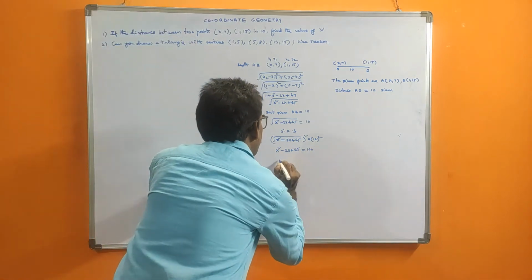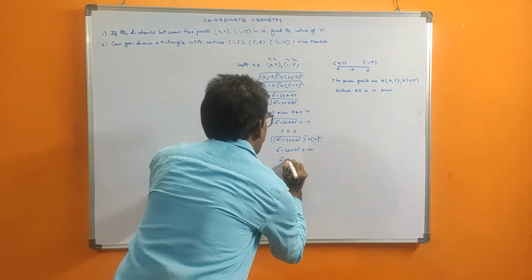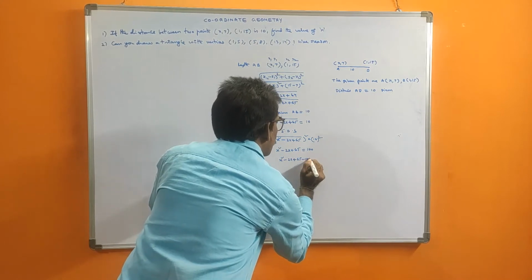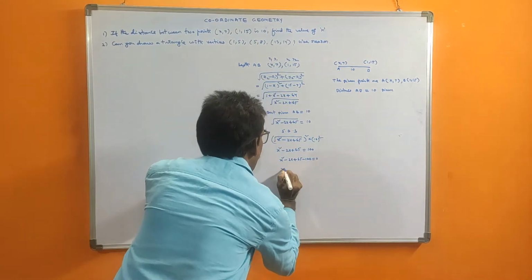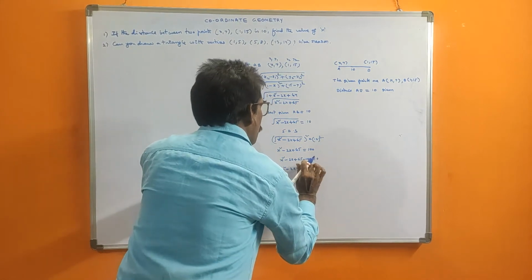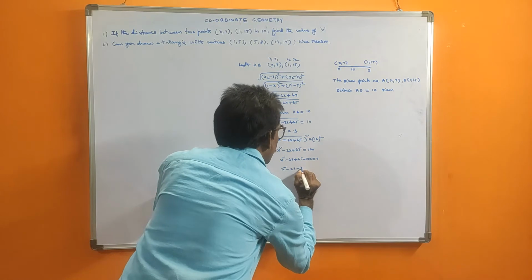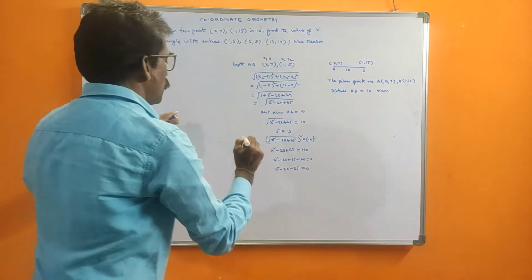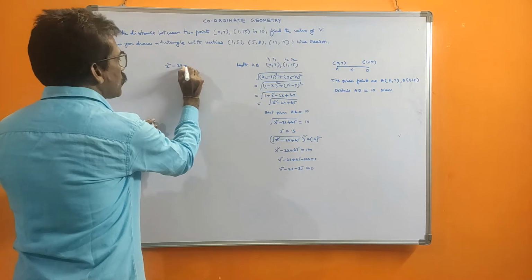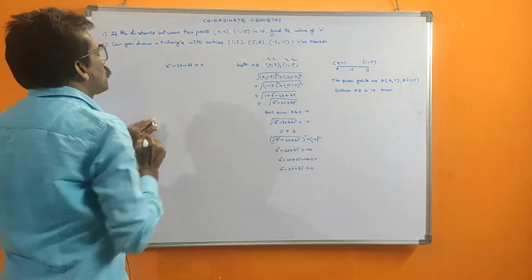Now form the equation: x square minus 2x plus 65, this comes to this side, minus 100 is equal to 0. X square minus 2x, minus 35 is equal to 0, since 100 minus 65 is 35. So what we got? X square minus 2x minus 35 is equal to 0.